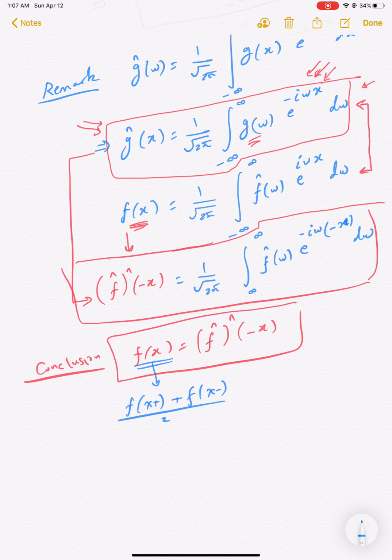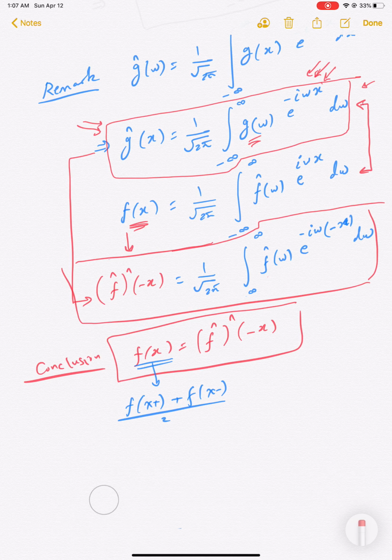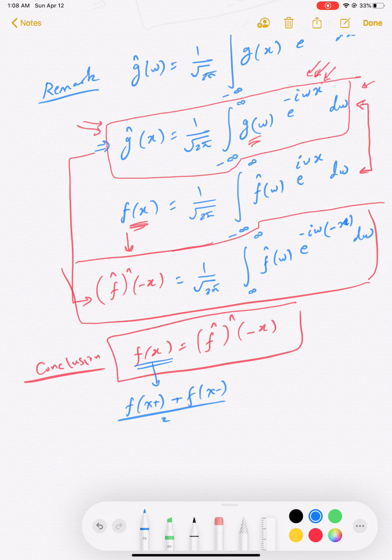Remember, all the time when we deal with Fourier series, Fourier analysis, if we write f of x equals the series or the integral, we mean this. Even in textbooks, very advanced books, we write f of x, but what's meant is f of x plus plus f of x minus over 2. That's why in measure theory and real analysis, we usually say f of x equals almost everywhere.